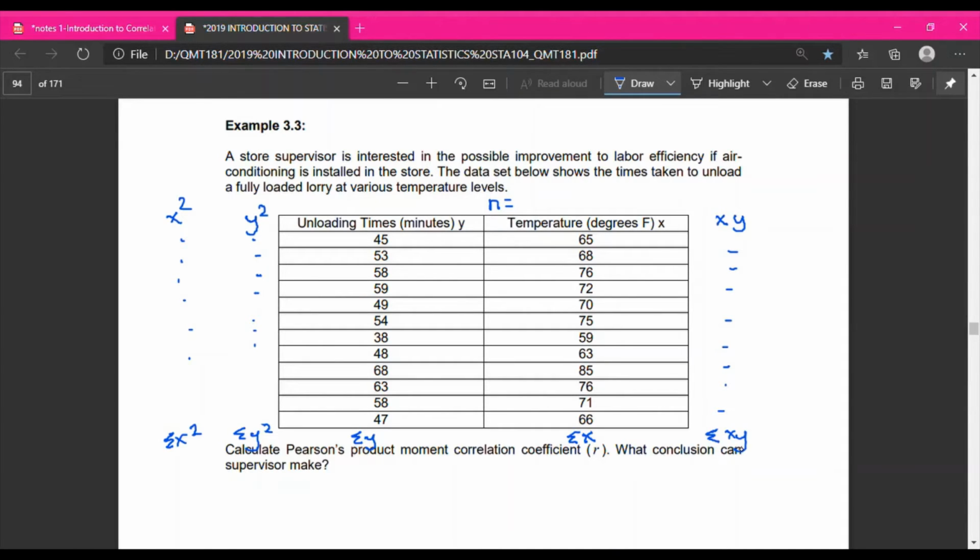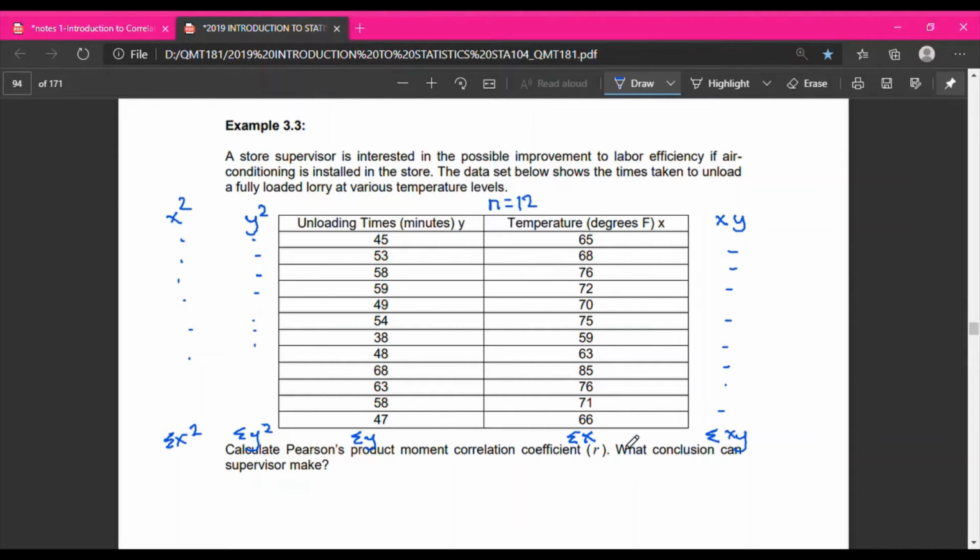So you need to count how many data we have here. 1, 2, 3, 4, 5, 6, 7, 12, right? 12 observations altogether. Okay, so that is the way to find all the values of summation in order to use the formula.